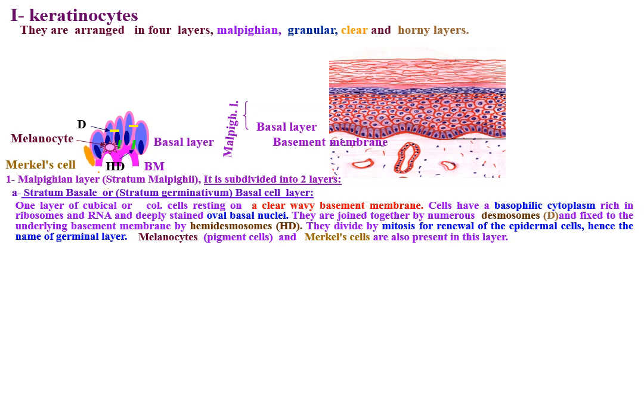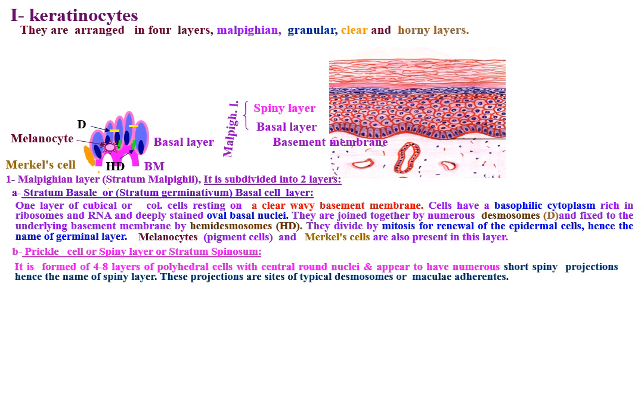Then Prickle Cell or spiny layer or stratum spinosum. It is formed of 4 to 8 layers of polyhedral cells with central round nuclei. These cells have numerous short spiny projections, hence the name of a spiny layer.